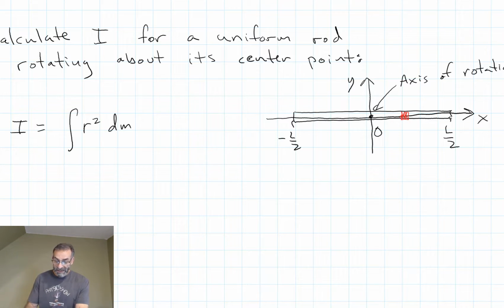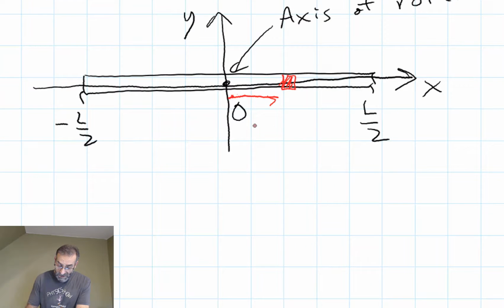Now I'm going to assign an x-axis here. This end of the rod is at L over 2. And the other end of my rod is at x equals negative L over 2. That means that the distance to dm is r, and I'm just going to call that x because I've aligned this with the x-axis.